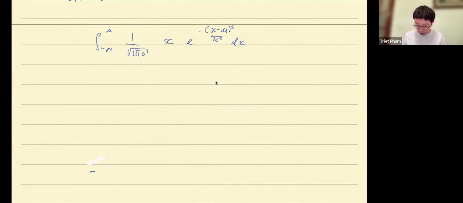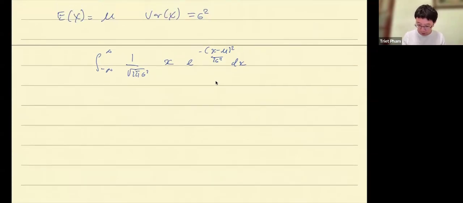To take the expectation here, all I have to do is add and subtract mu. If I let u be x minus mu, that's all I need. Then du is dx, okay? And so I will subtract and add mu.